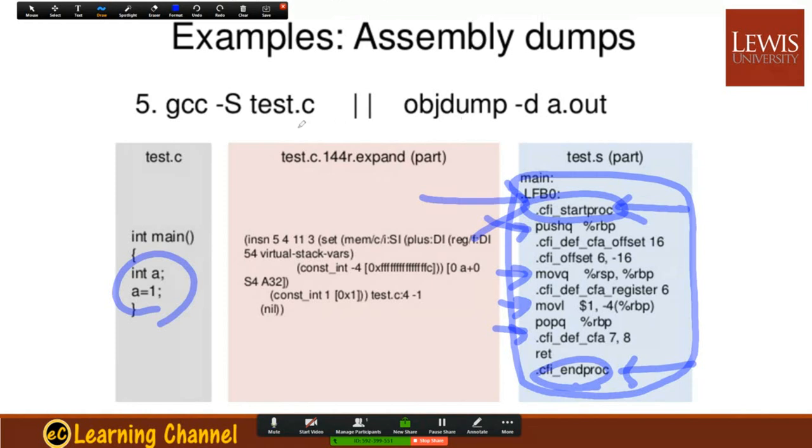Okay, so you do this and then you will dump out to a.out, which is the executable file. Right here you will get the assembly code, the test.s. That's the result for here, and then you can go further to generate the executable a.out file.